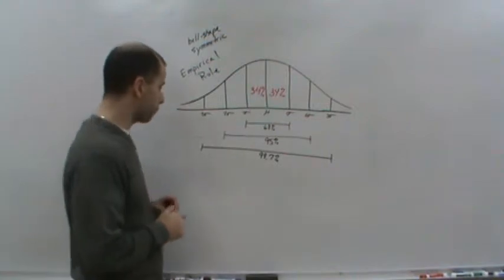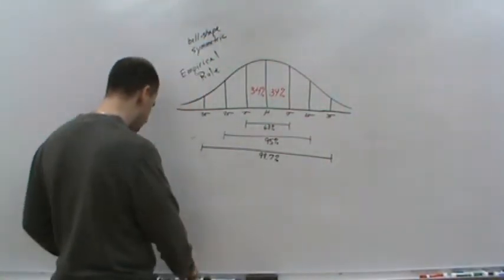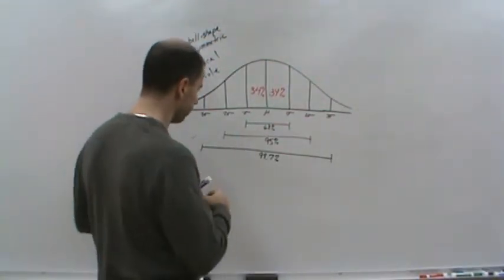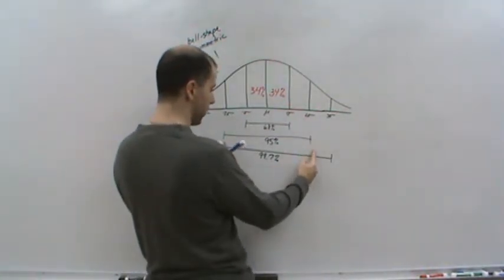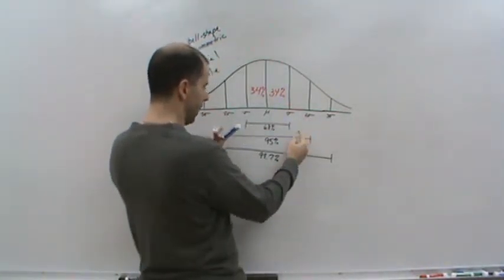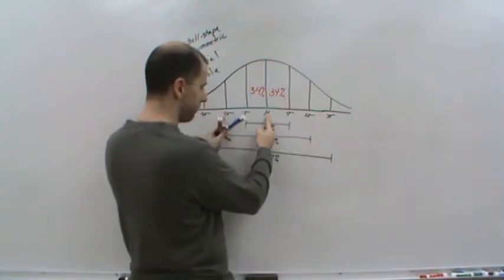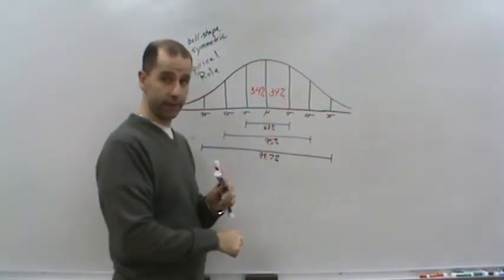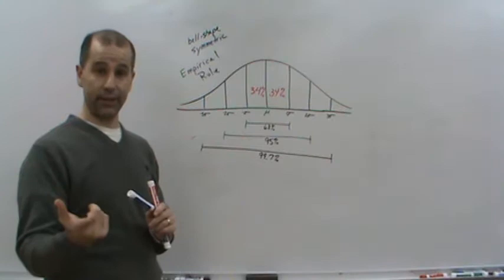Now, if I know that this is 95% within 2 standard deviations, then I know this half should be half of 95%, which is 47.5.